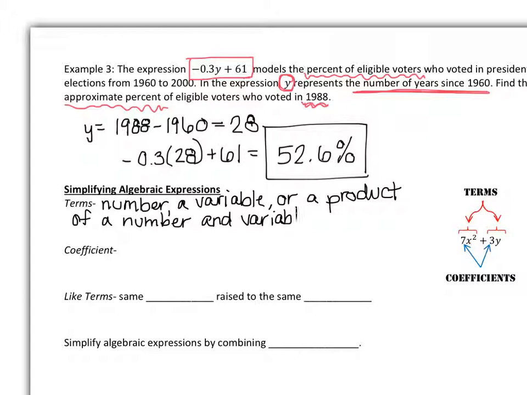And I'm going to put an S in parentheses because we can definitely have more than one variable. Okay, that's fine. As long as you know it.